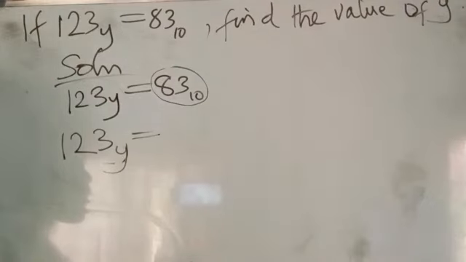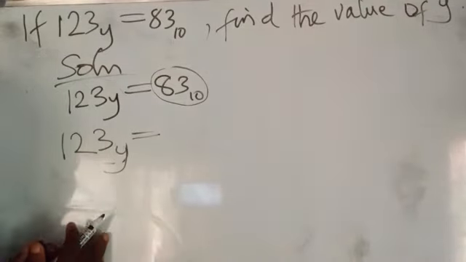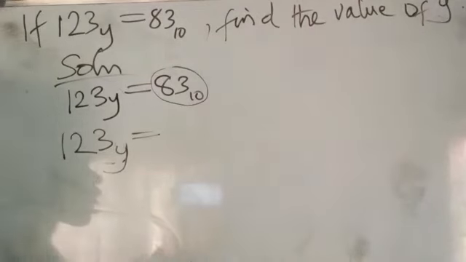How do we convert a base to base 10? Converting a particular base to base 10 follows the step that I want to show you now. If you see any base at all and you are meant to convert it to base 10, you should be able to follow this step, and that's simple.